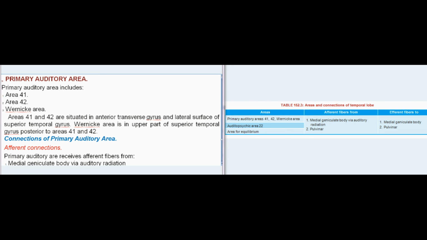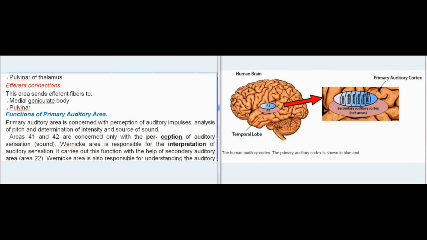Connections of primary auditory area. Afferent connections: primary auditory area receives afferent fibers from medial geniculate body via auditory radiation, and pulvinar of thalamus. Efferent connections: this area sends efferent fibers to medial geniculate body and pulvinar.